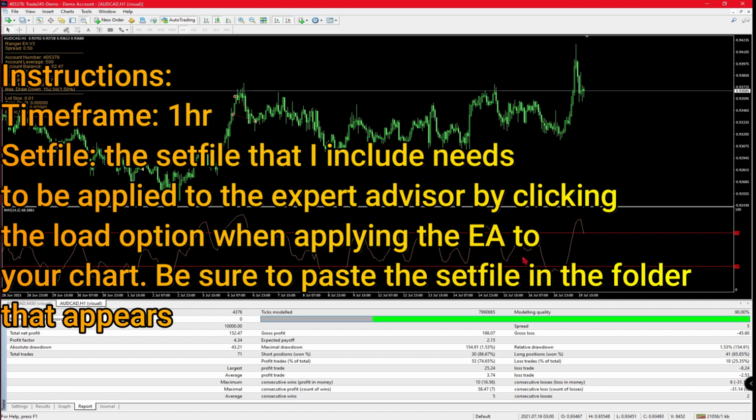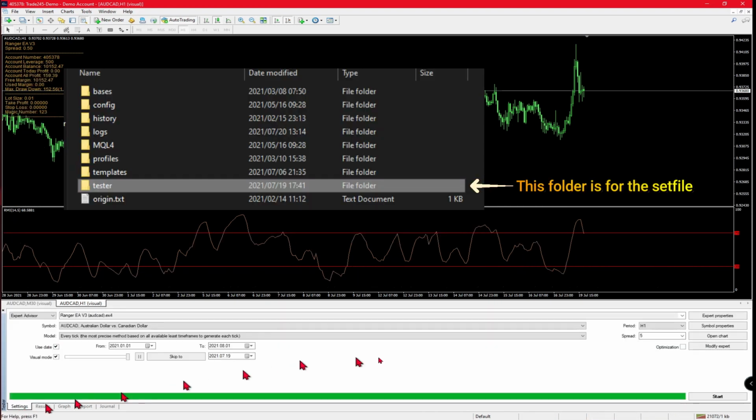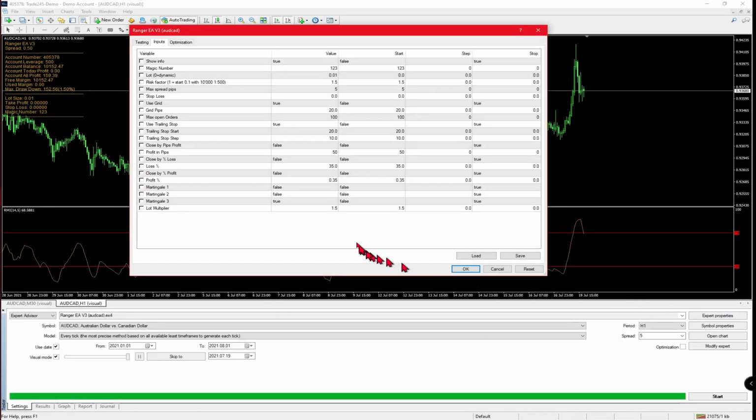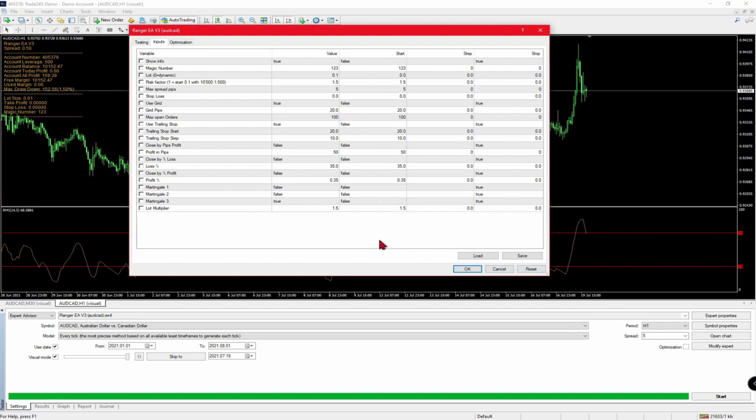I know it's a smaller amount, but as you can see in the expert's properties, if you do want to generate high returns, all you need to do is change the lot size to a higher number.